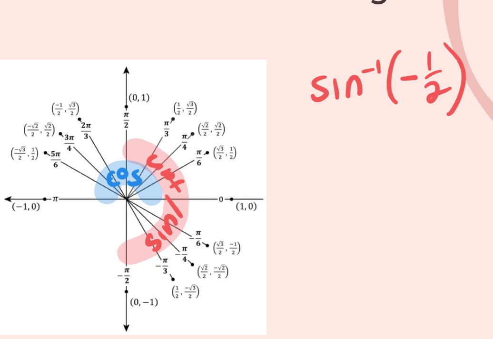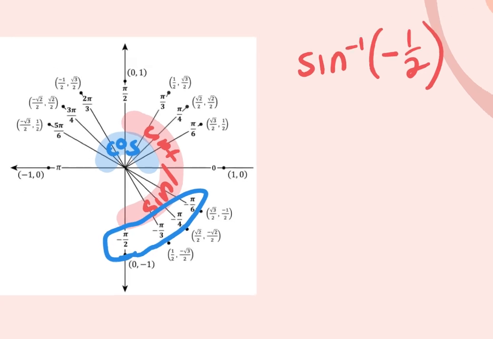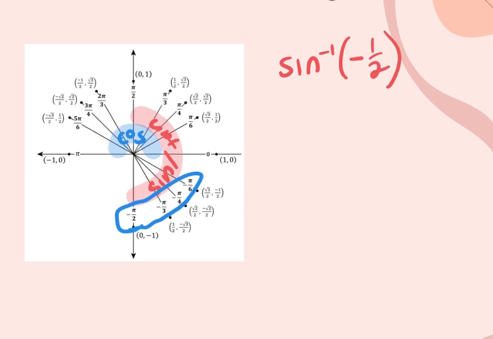Sine and tangent. So sine and tangent we go, because look at these angles. These are negative angles. So we go negative pi over 2, negative pi over 3, negative pi over 4, negative pi over 6, then 0, then your natural quadrant 1. So if I now said, you have to know what it's restricted to, and if I now said sine inverse of negative 1/2, what's the answer?